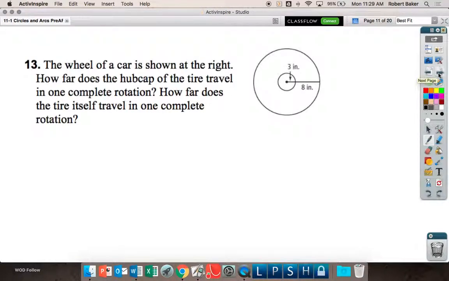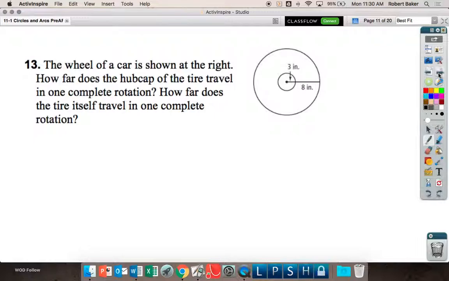Okay, word problem here. The wheel of a car is shown at the right. How far does the hubcap of the tire travel in one complete rotation? How far does the tire itself travel in one complete rotation?